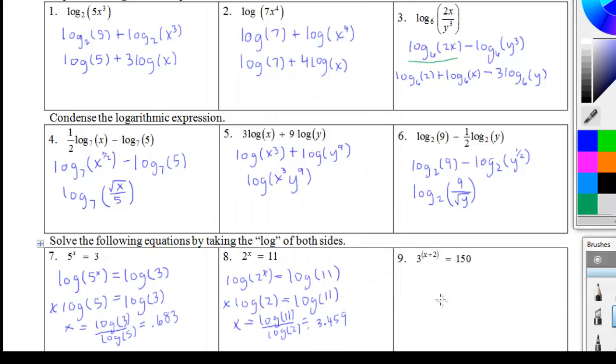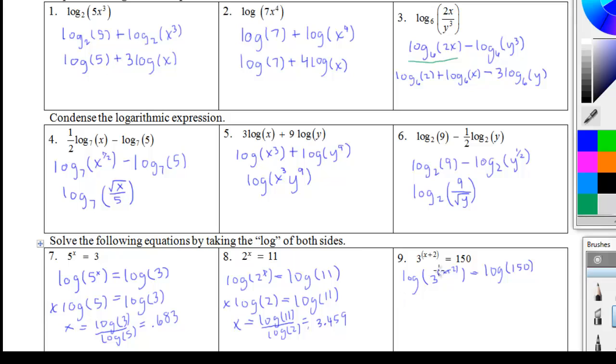So last one, the algebra here is a little more difficult because there's an x plus 2 in the exponent instead of just an x. So let's see how that goes. It starts the same. We'll take the log of 3 to the x plus 2 is equal to the log of 150.